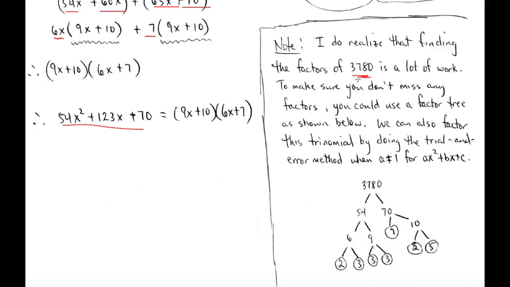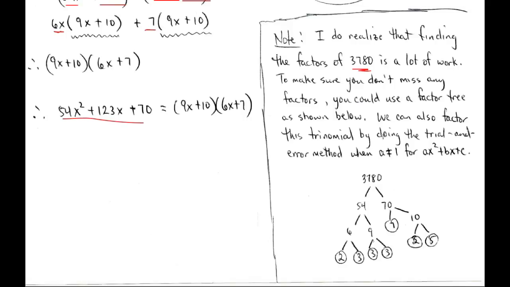So one thing that you can do is use a factor tree to help you figure out what the factors are. I won't go through the whole list, but I'll give you an example of how I actually figured out all those factors.